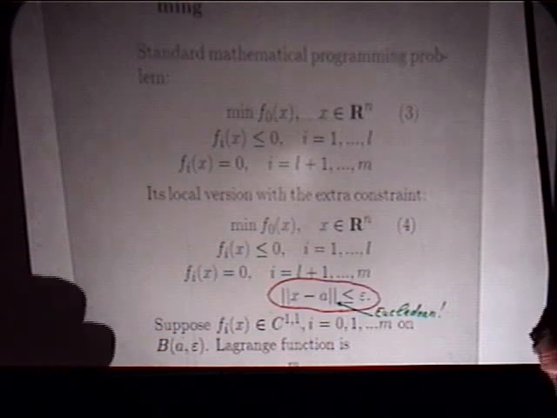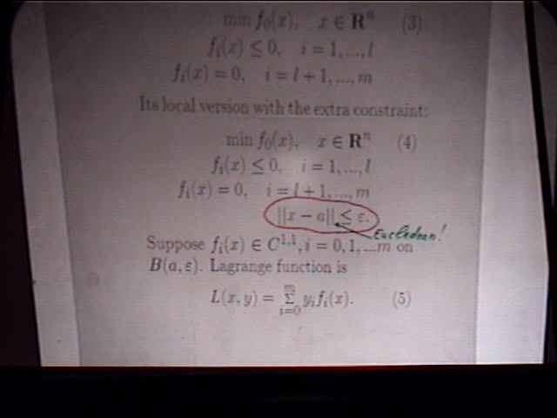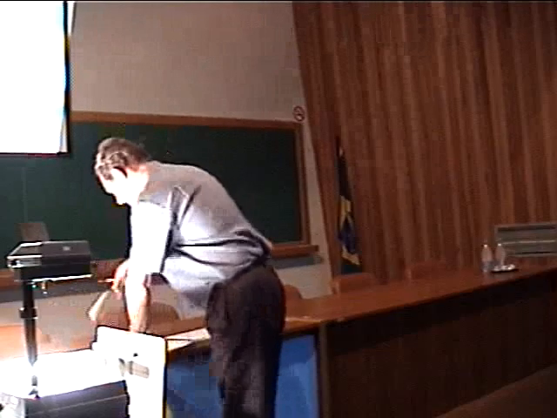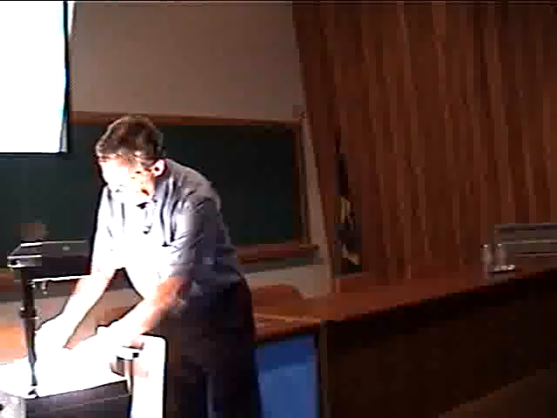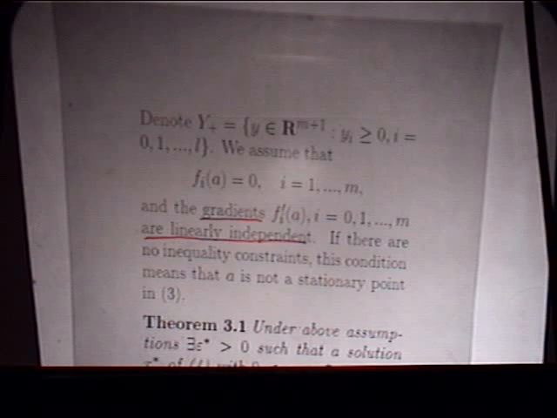So we construct the Lagrange function as usual, and we make the critical assumption. The assumption is that the gradients of all functions, including the objective function, are linearly independent at the point A, which is the center of the ball.